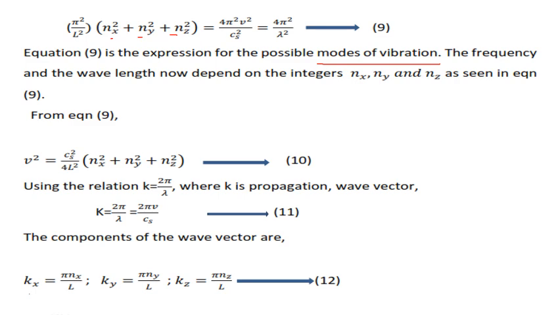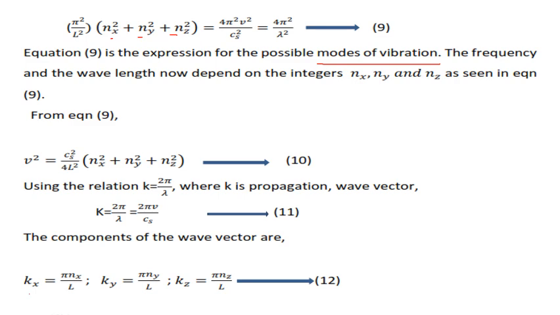So what will be the components along the x direction? Kx is equal to pi nx by l, ky is equal to pi ny by l, kz is equal to pi nz by l. Okay, so these are the components of the wave vector, because we already know it is a three-dimensional mode, therefore the motion or the vibration takes place in three directions. So for each vibration there will be one wave vector: along the x direction one wave vector, the y direction one wave vector and the z direction one wave vector.